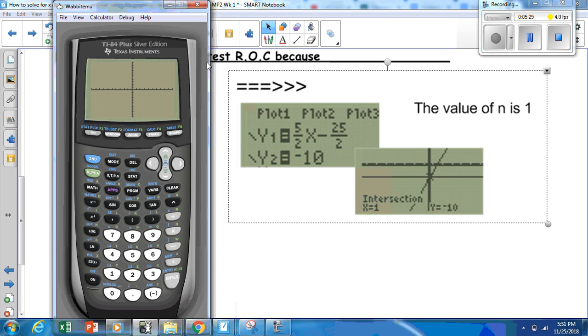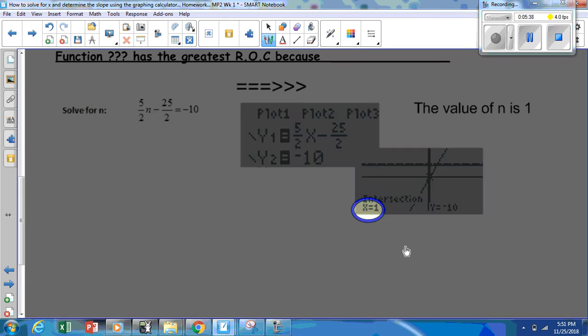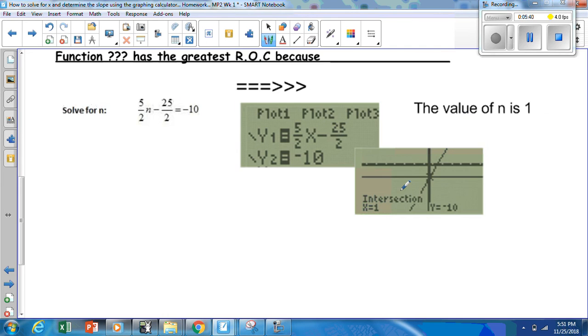So when x is 1, or in this case n, when n is 1, the left side is equal to the right side. And that's our solution. X or n is 1.